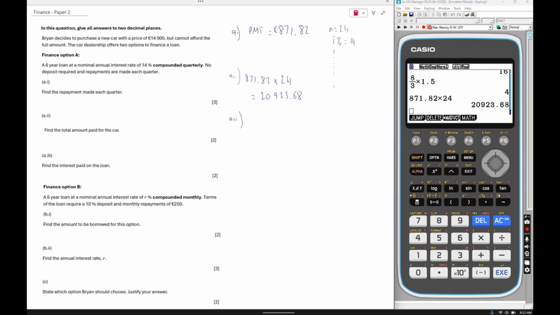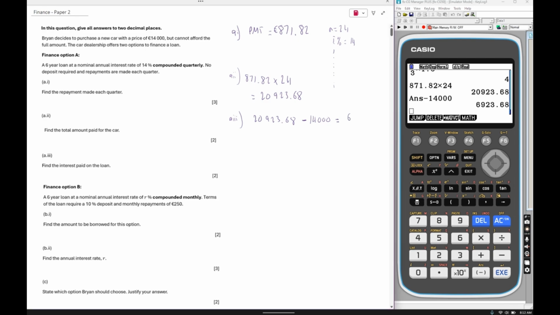Third question, find the interest paid on the loan. Well, he is paying 20,923.68 and the loan was for 14,000. So we're going to minus 14,000 and this is going to be how much he is paying in interest. So we'll do that on my calculator over here.